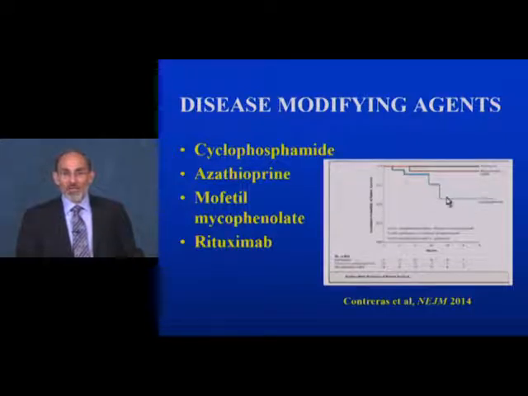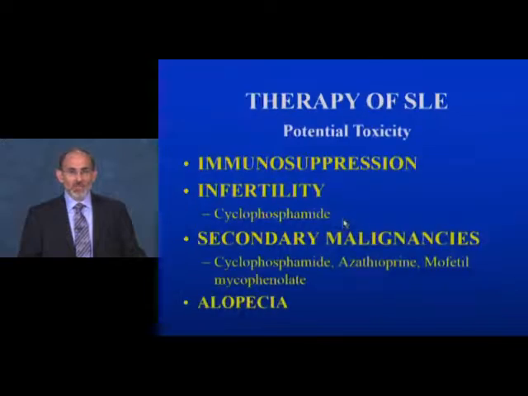Whereas cyclophosphamide, which has been the mainstay of our treatment, while it is very effective in controlling disease, the immunosuppression leads to secondary malignancies and infections more commonly, and so should generally be avoided unless it is impossible to do so.